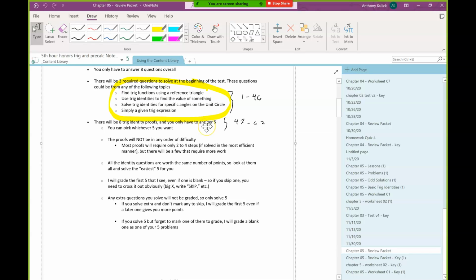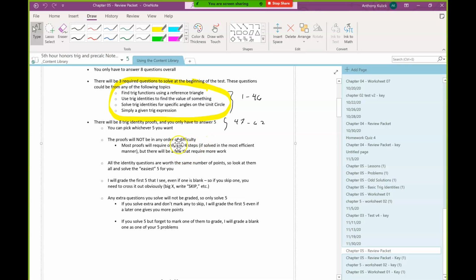So it allows you some freedom of choice to focus on the ones you feel the most comfortable with and ignore the ones that seem the most difficult. You can pick whichever 5 out of those 8 that you want. The proofs aren't going to be arranged in order of difficulty.